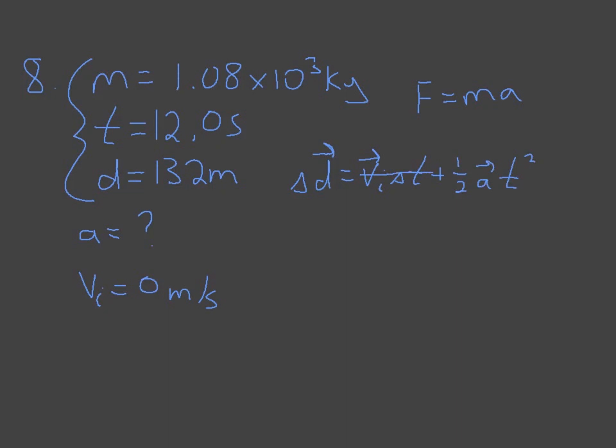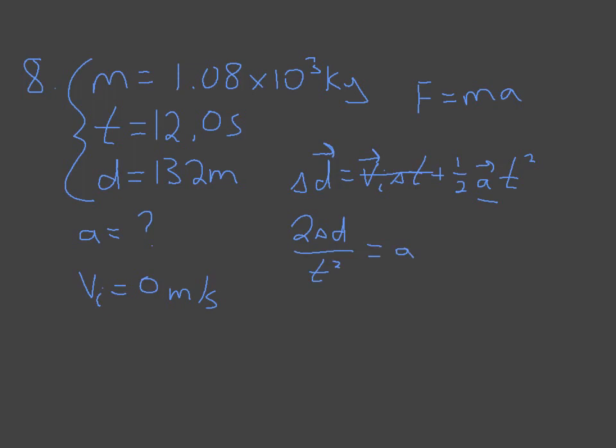And we're trying to solve for A here. So we're going to end up with a formula that works out to 2 delta D divided by T squared should give us what A is, right?